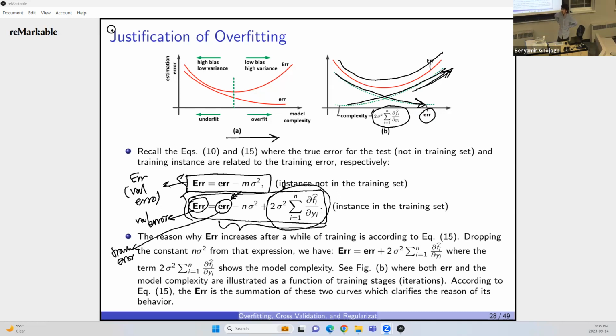By the way, this beauty was discovered, at least as far as I know, the first time by Professor Rayleigh-Ritz at the University of Waterloo. How we can justify overfitting using Stein's unbiased risk estimate. Okay, so the credit is his.